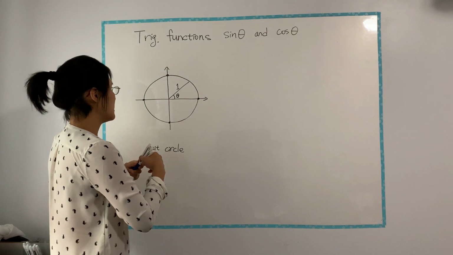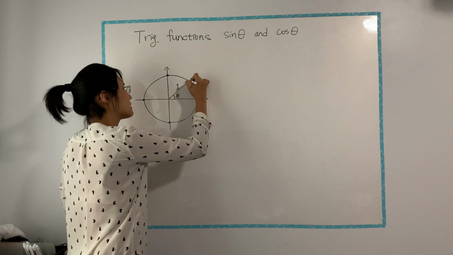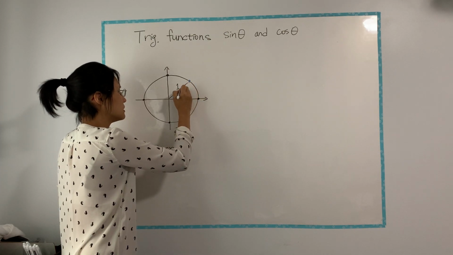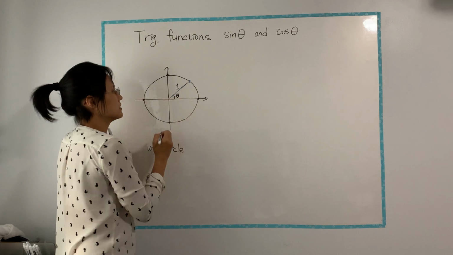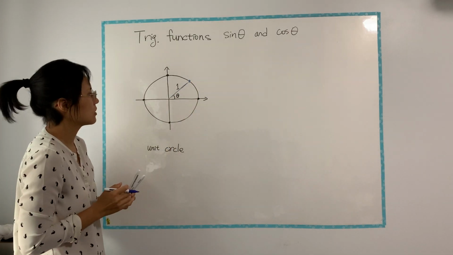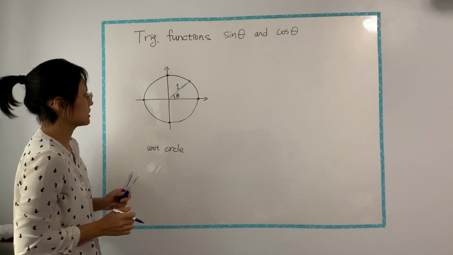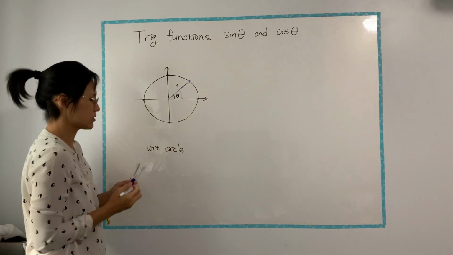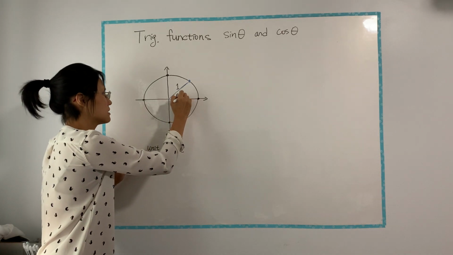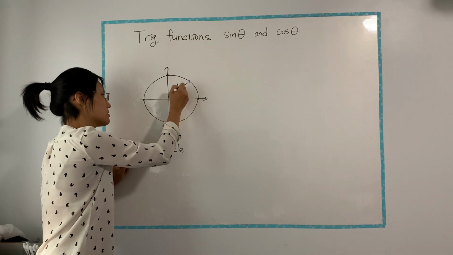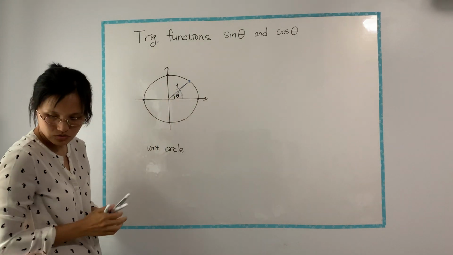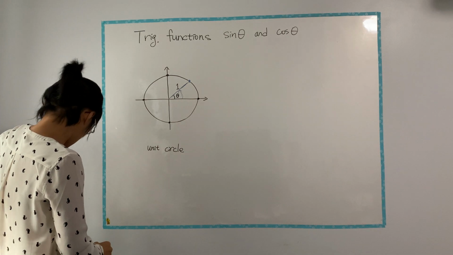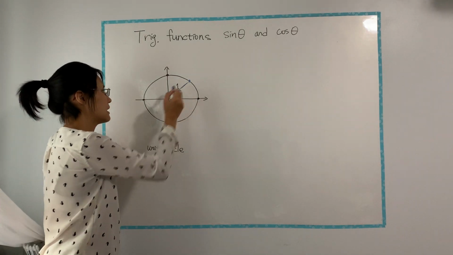Now if I place a dot on the unit circle, I can draw a line segment connecting the dot to the origin, and now I will get an angle in between. Usually it's the counterclockwise direction, between the positive x direction and the line segment.